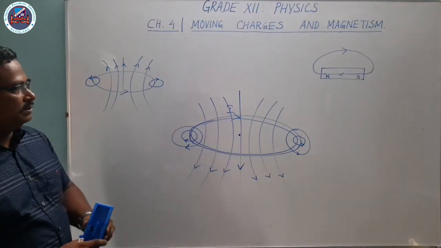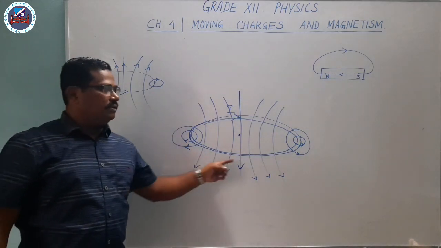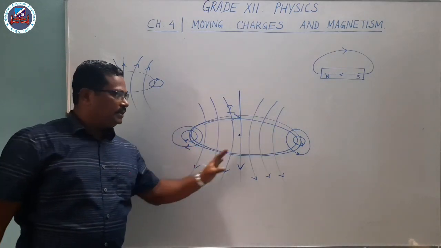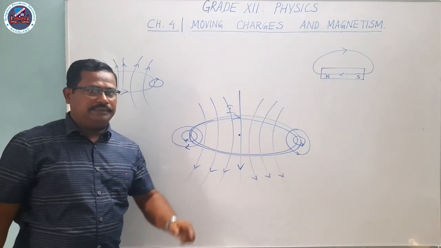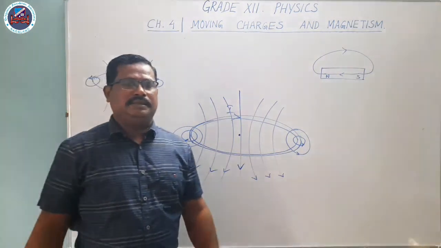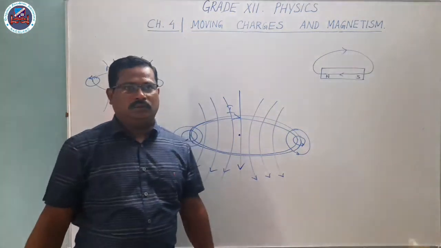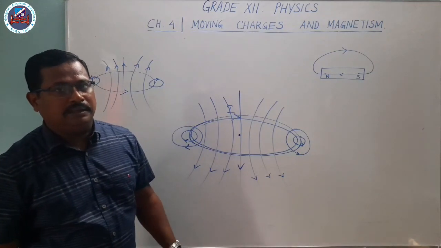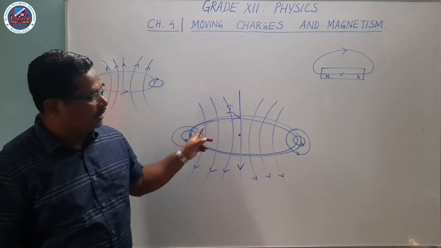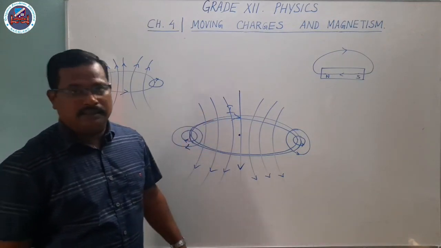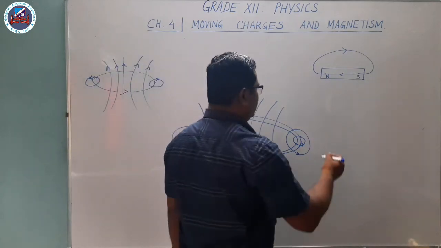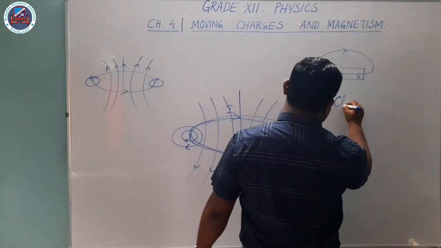Now you will be interested to know that if this circular ring has a magnetic field, then surely polarity should exist, one north pole and one south pole. Now how to find out the polarity of the wire, which side is north and which side is south? This rule we call the clock rule.